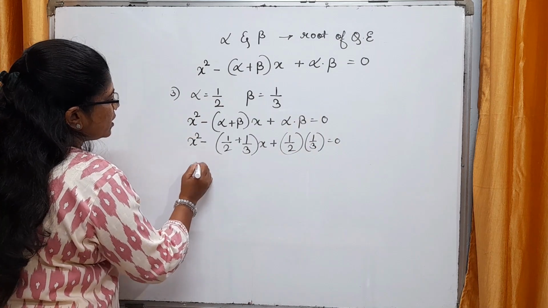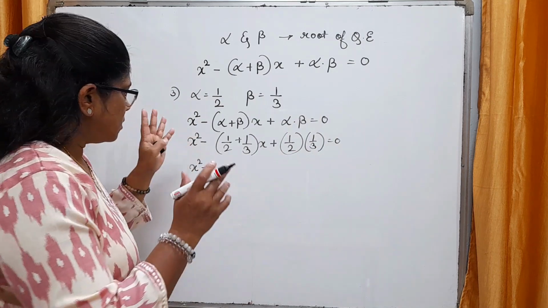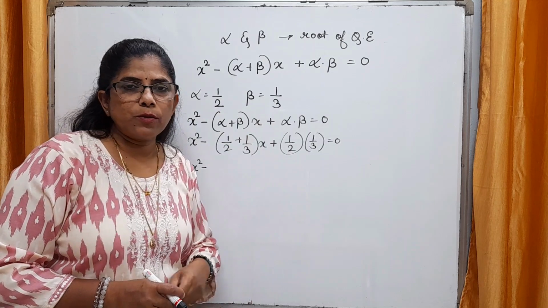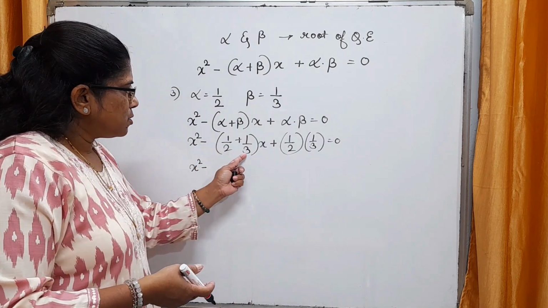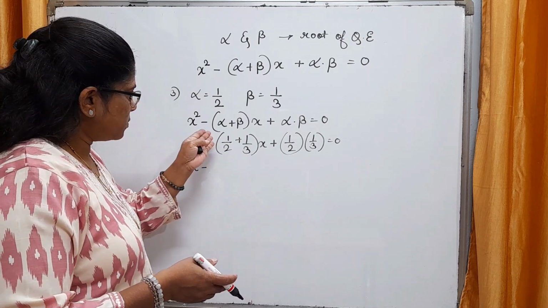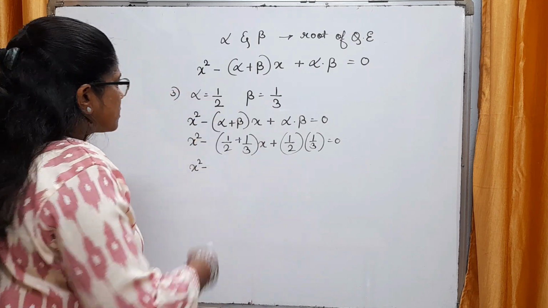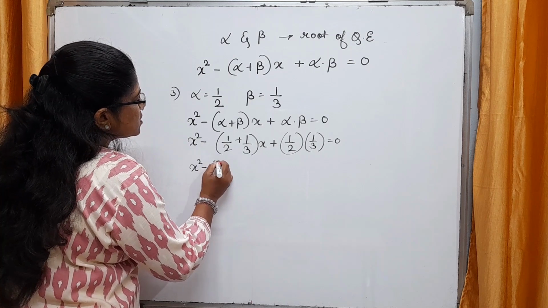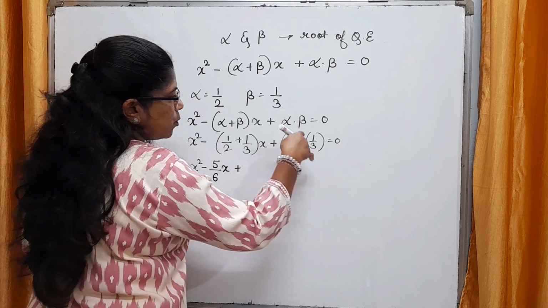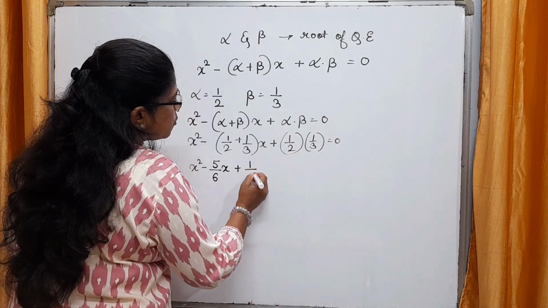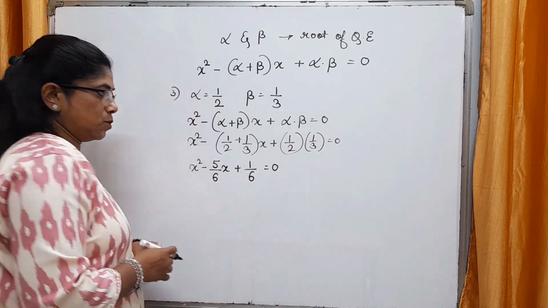Fine. x square minus, now 1 upon 2 plus 1 upon 3. It's a simple fraction addition. 2 3s are 6 is the LCM. Cross multiply: 3 plus 2, that is 5. So this is minus 5 upon 6 x plus 1 upon 2 into 1 upon 3 is 1 upon 6, is equal to 0.